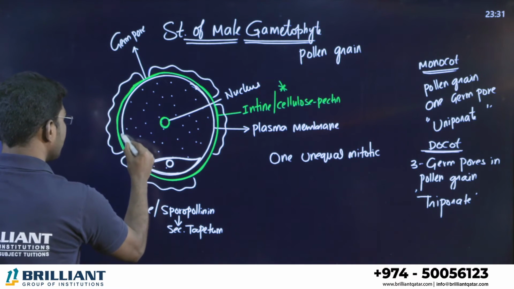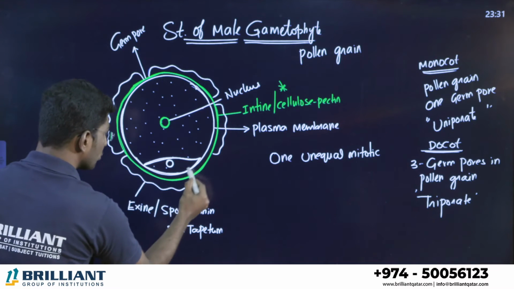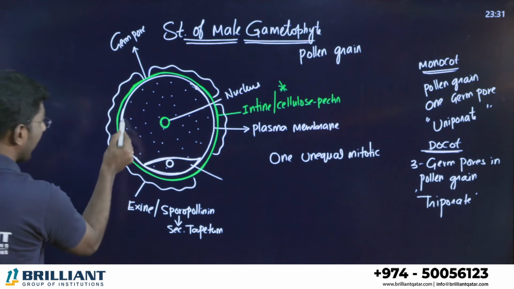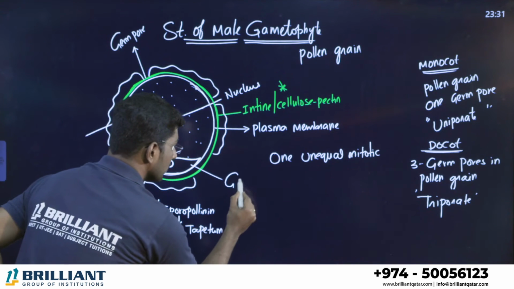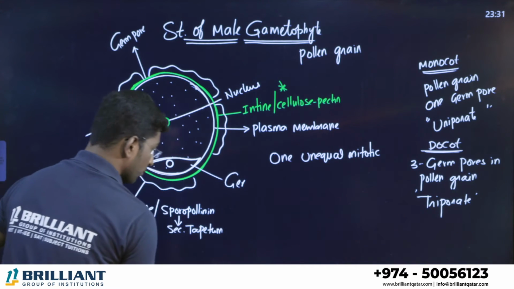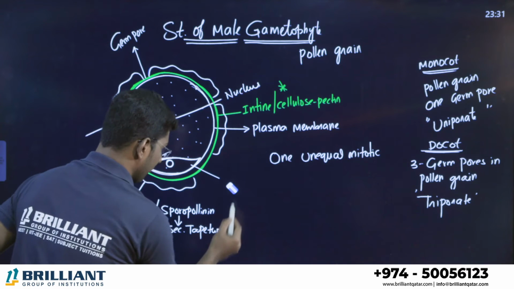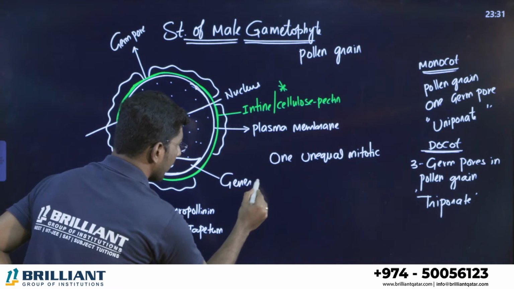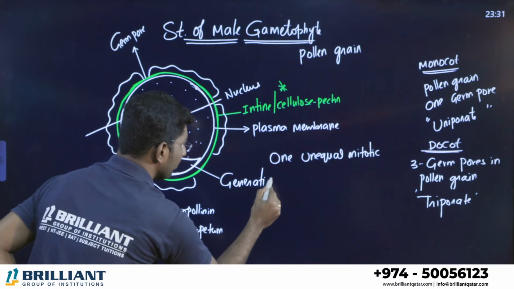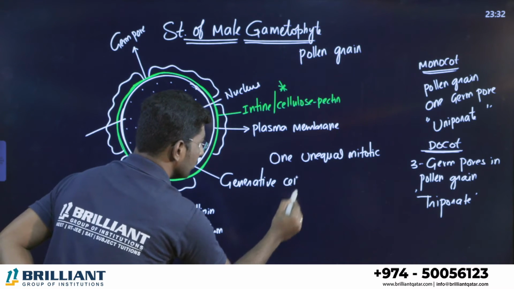This one is the bigger one. And this smaller and this bigger cell will form. The smaller cell we call the generative cell. Important, generative cell.